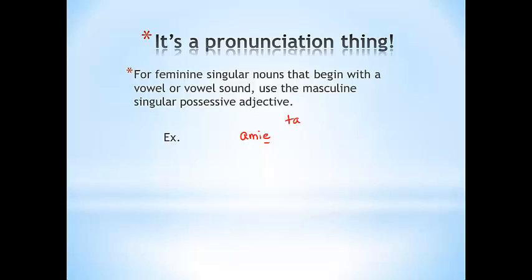Okay, well, ta ami doesn't sound good. The French don't like that glottal stop. They want something that glides a little bit more. So they're going to use the masculine singular possessive adjective. Okay, so instead of using ta, they are going to use ton. So it flows better. Ton ami. Okay, sounds better than ta ami.